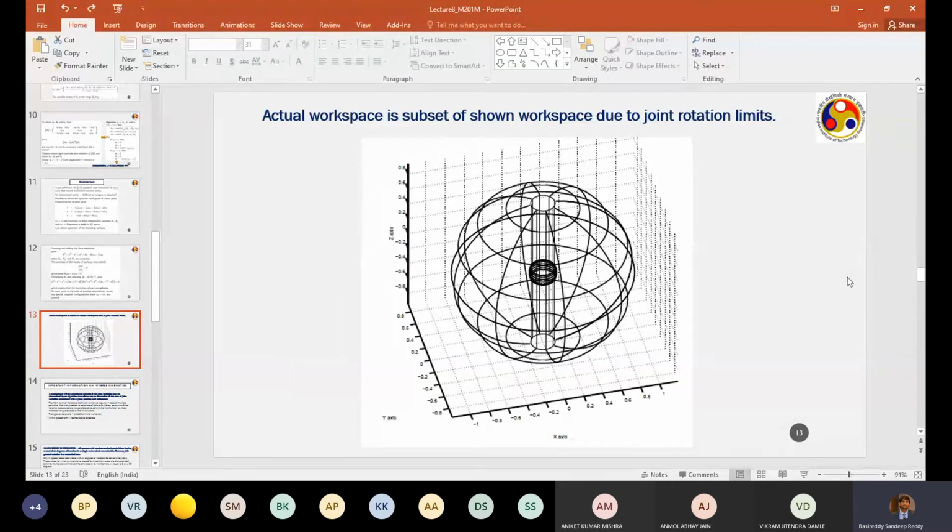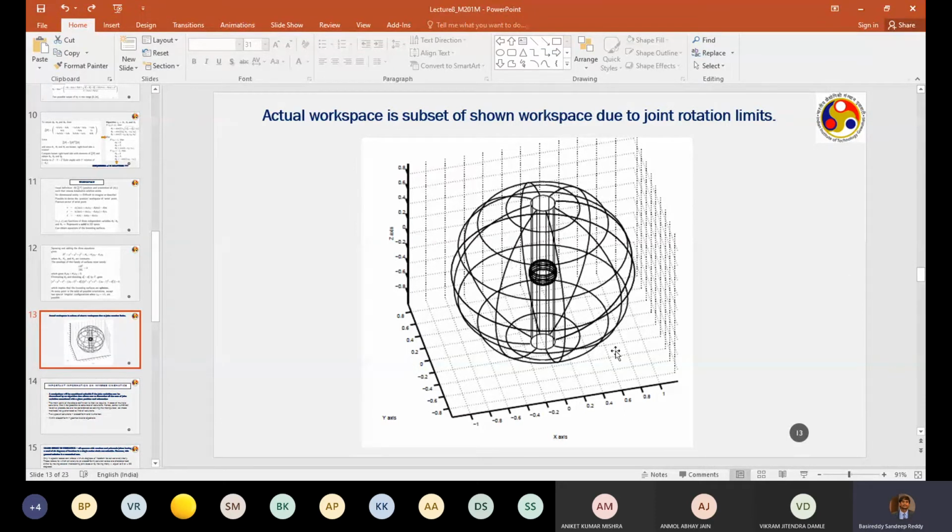For example, we had calculated some limits for theta 1, theta 2, and theta 3. Here, just for simulation purposes, they have taken any theta 1, theta 2, theta 3, but the actual workspace will keep in mind the joint rotation limits.